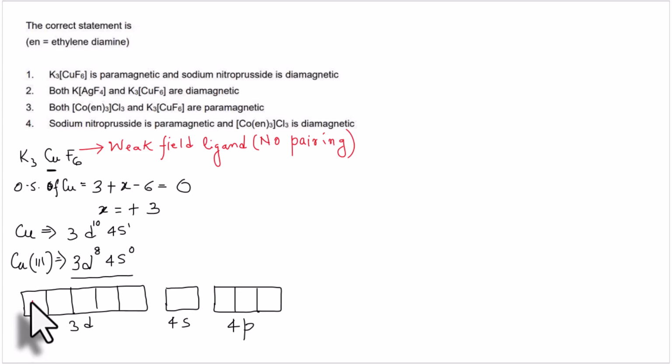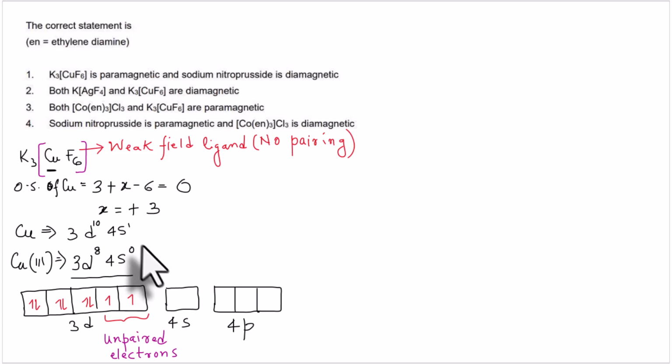So we accommodate the 8 electrons in the 5 3d orbitals. First singly occupied up to 5 electrons, then 6, 7, 8. Since there is this weak field fluoro ligand and no pairing, these 2 electrons will be left unpaired. And that is why this complex will be paramagnetic. So now we got that K3CuF6 is paramagnetic.